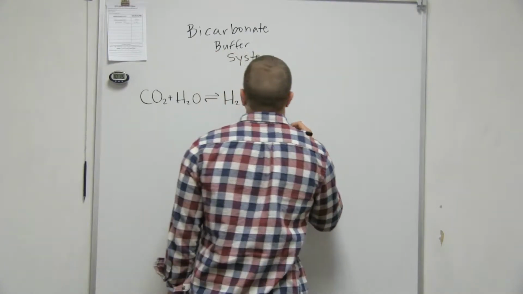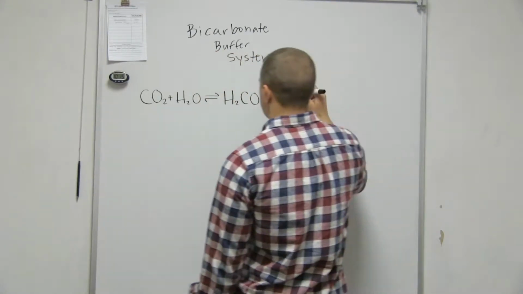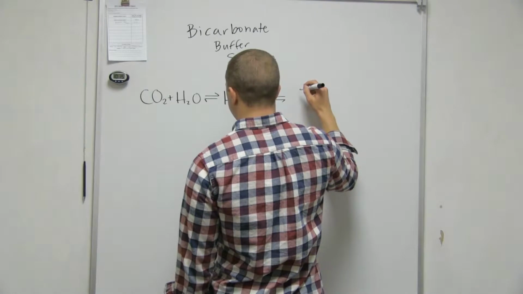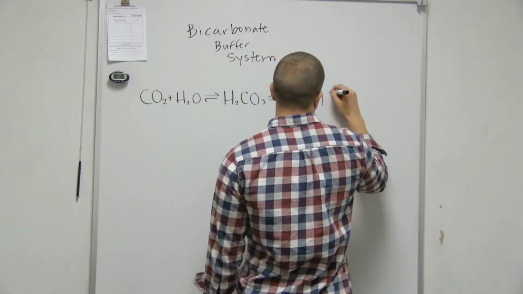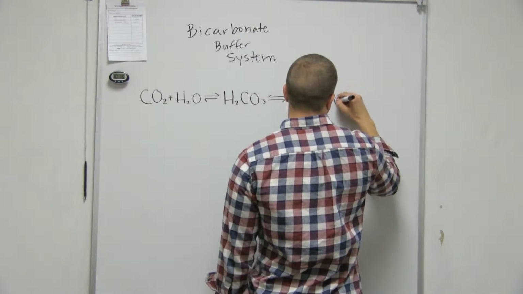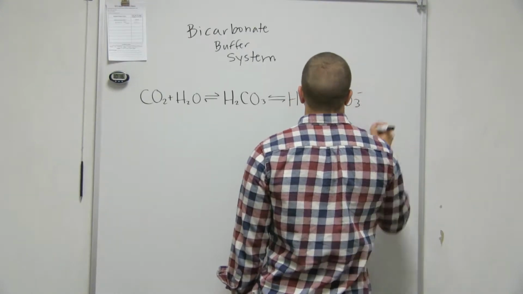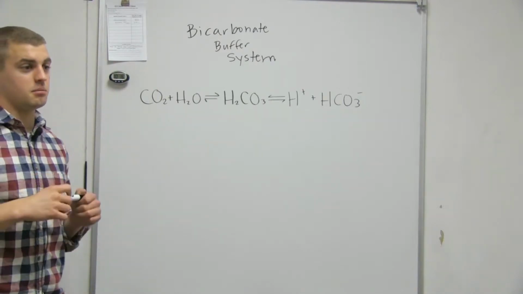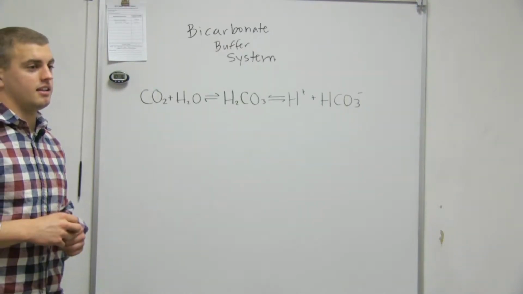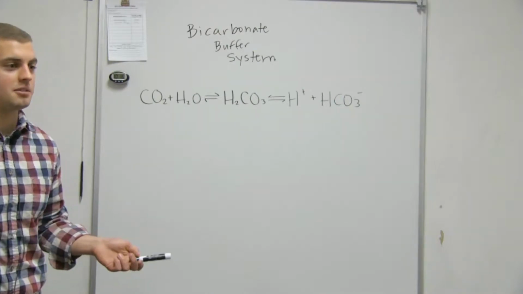You probably won't need to memorize it though. I think the teacher will usually have it written out for you. We have a hydrogen here plus HCO3 minus. Okay. So this is super important for the blood in pretty much any animal's body, right?